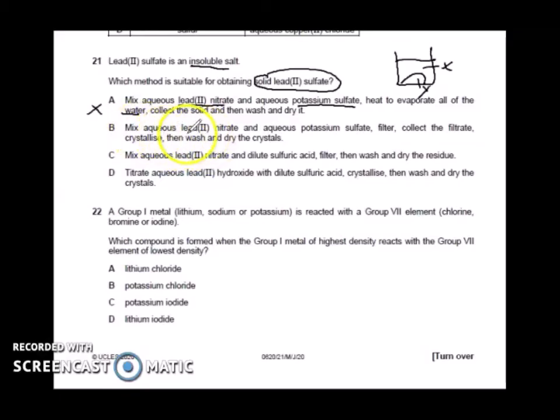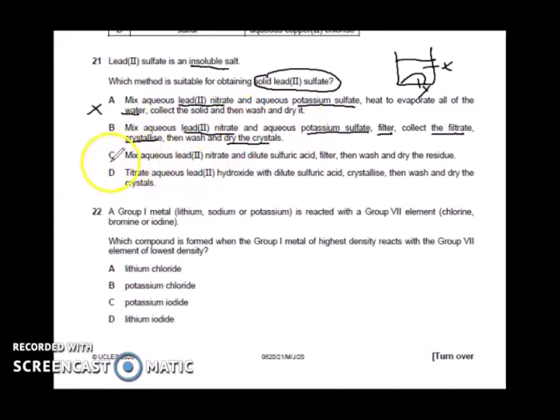Mix aqueous lead(II) nitrate and potassium sulfate, the same thing. Filter, collect the filtrate, crystallize, then wash and dry the crystals.